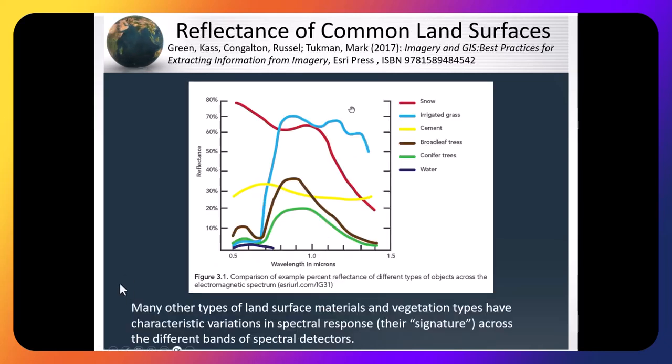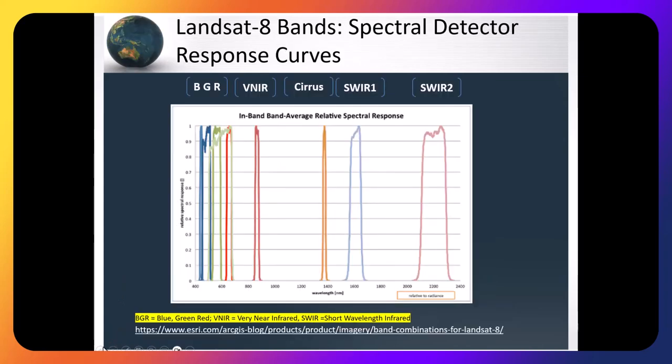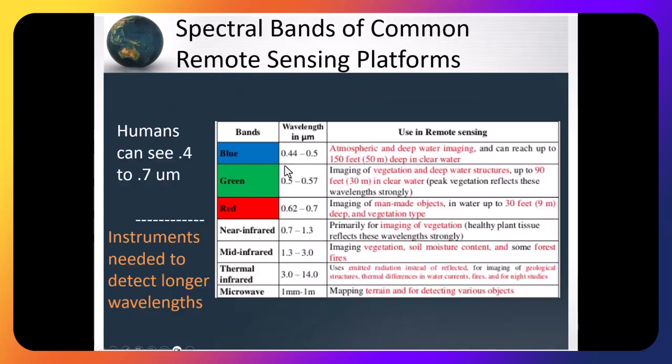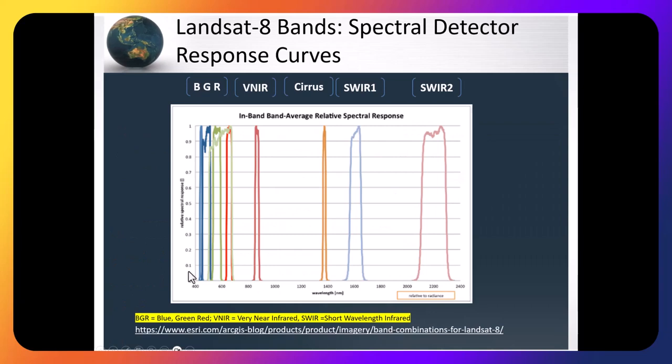Now, looking at that same chart, so again, we went from this table that talked about the wavelengths that are involved. Now we've turned that on its side to look at this chart that symbolizes the response, the sensor detections, and how the sensors are designed to detect response in these spectral areas. Strong response is up here, and then these areas in between are where there's no detection.